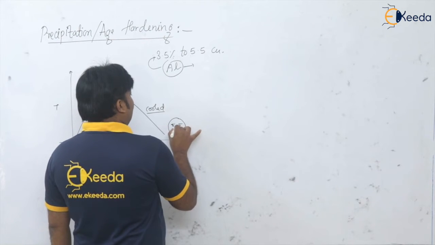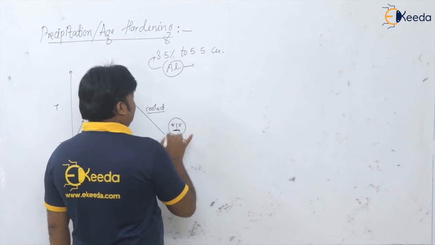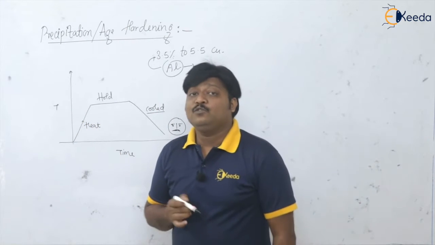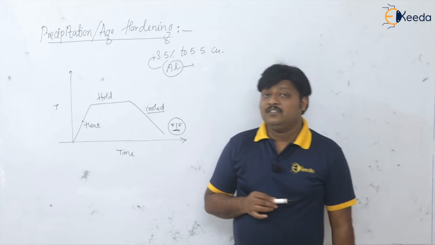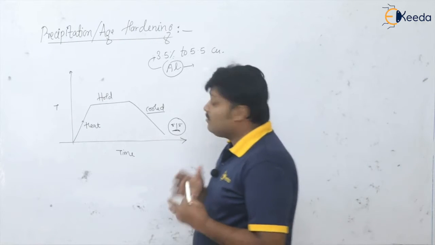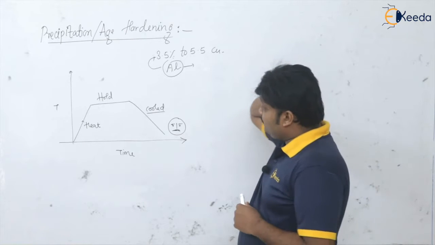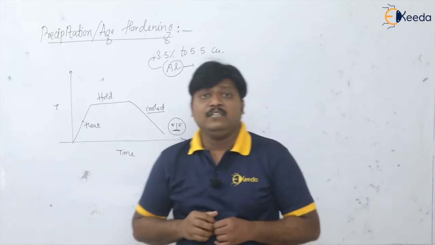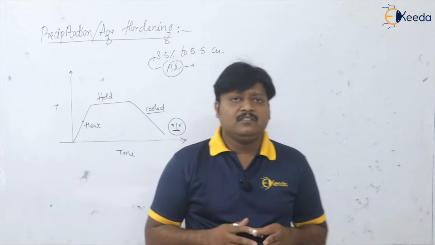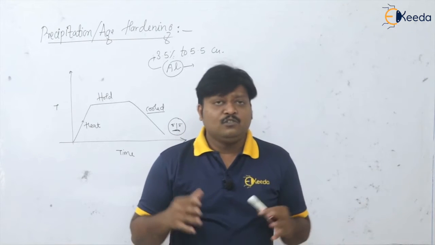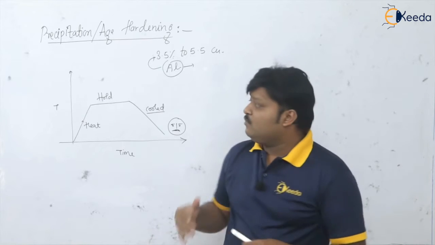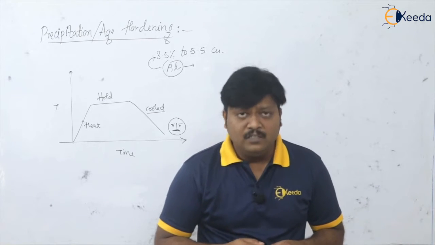So this Wilm was not a happy man at that time, because he was expecting that aluminum would also behave like steel, but it was wrong thinking, isn't it? But at the same time he was a determined scientist, and he had several variables in his hands: at which quenching rate we quench, at what temperature we hold.